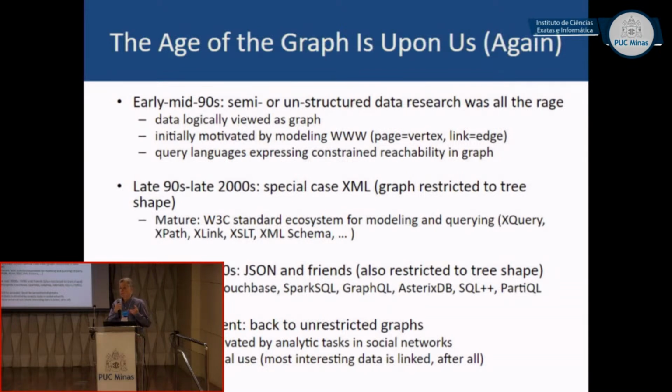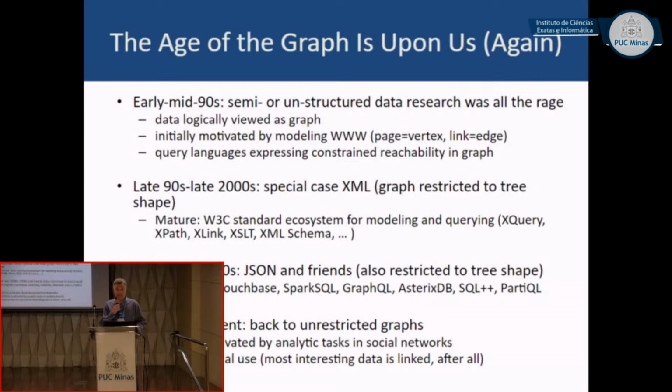Then, while there wasn't much industrial uptake of that way of thinking and the research that came out of it, there was a lot of excitement about the next generation of graph databases, one in which the graph shape was restricted to hierarchical, tree-shaped graphs. And that was, of course, XML. And as you know, that one led to much more industrial uptake.